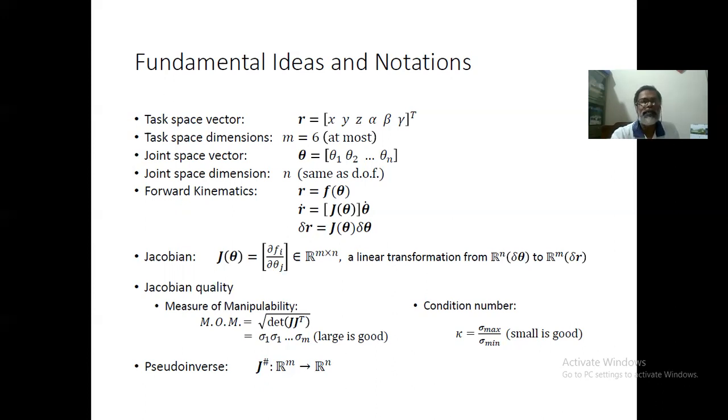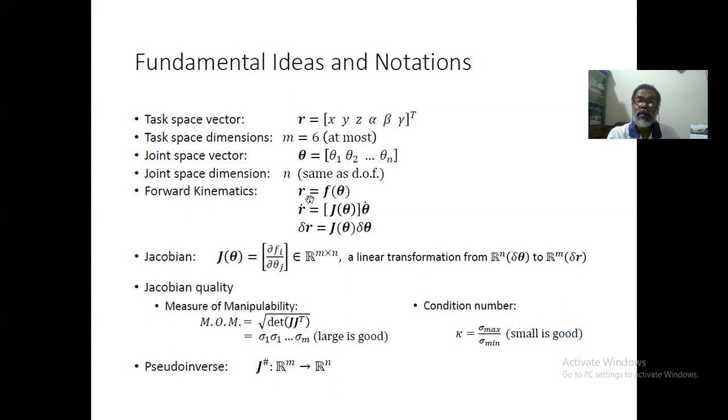So this system of nonlinear equations will typically have infinite solutions. I said typically because it is not necessary; it may not have a solution for that matter. It is a set of nonlinear equations. If you suggest a point r which is outside the workspace, then it will not have a solution. But typically within the workspace, when you give some r, you would expect infinite solutions.